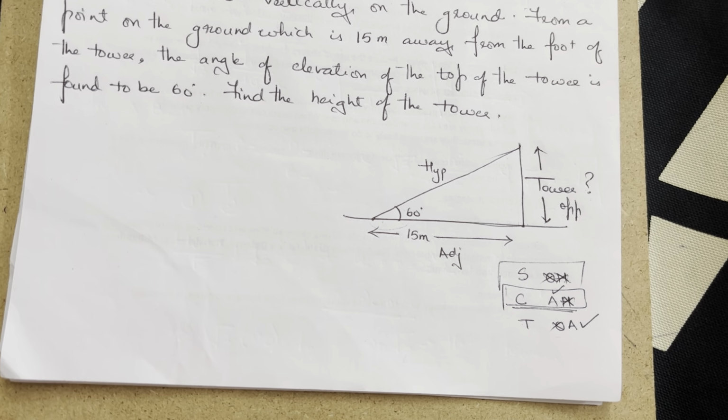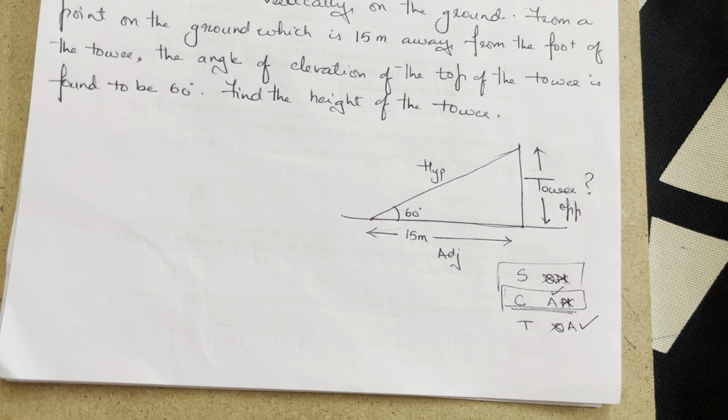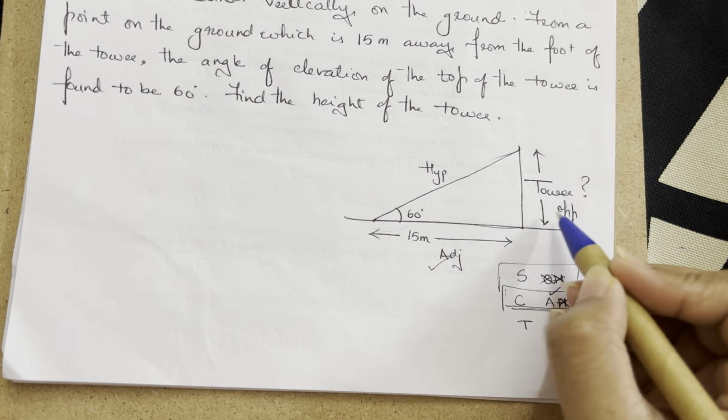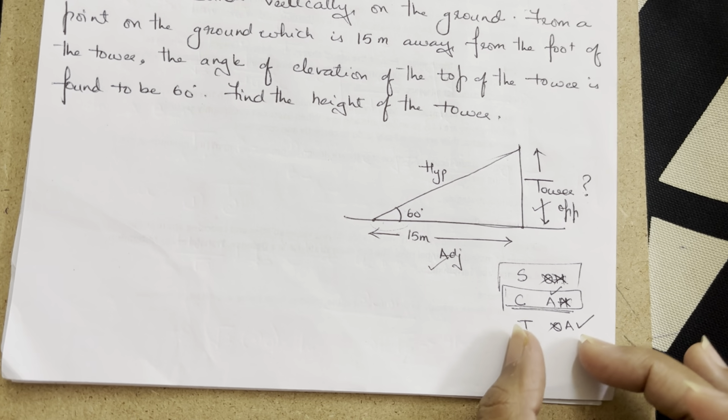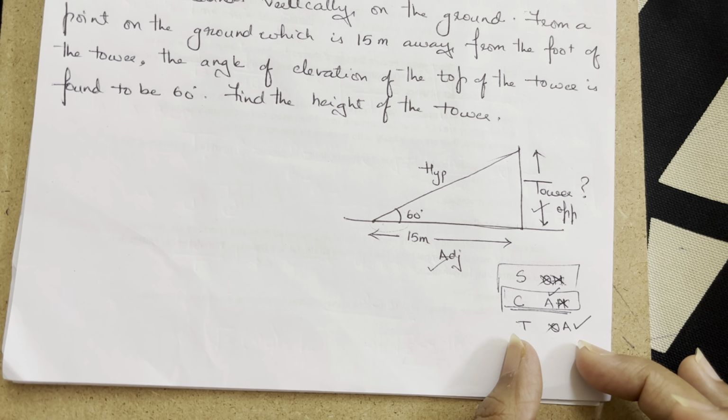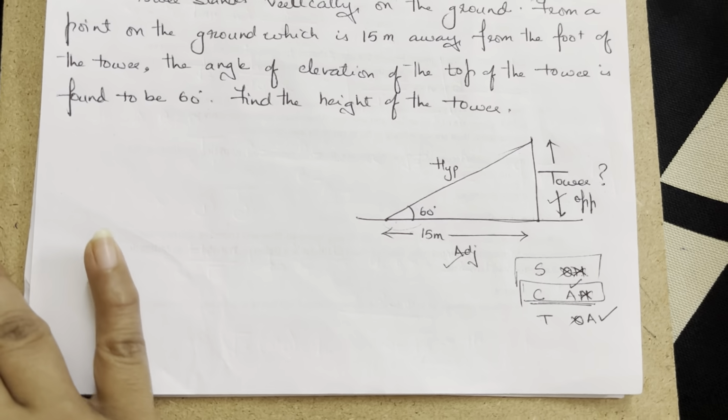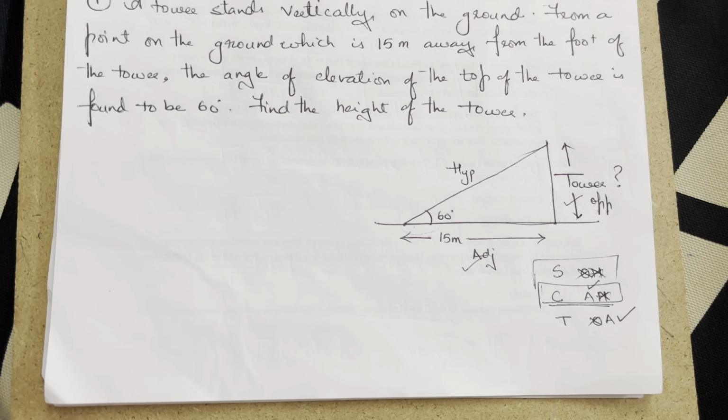So it will become too lengthy for me to simplify the question. So what I'm going to do is, I have adjacent, asked about opposite. So I'll choose the one which has adjacent and opposite in the formula. So let's do how we can simplify this thing.